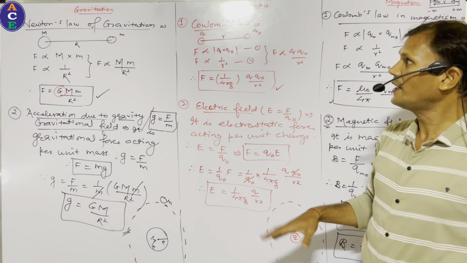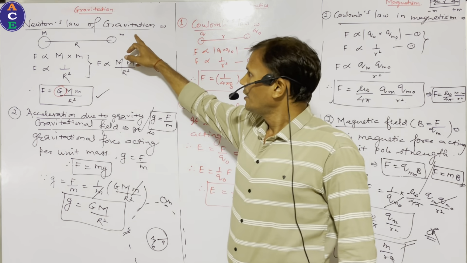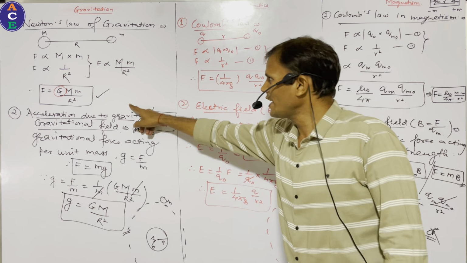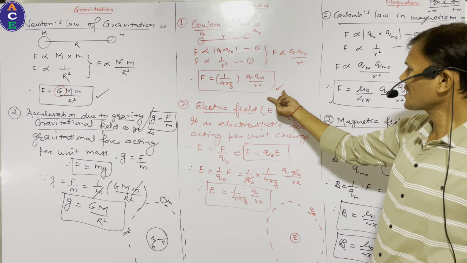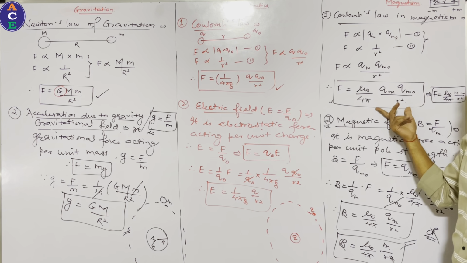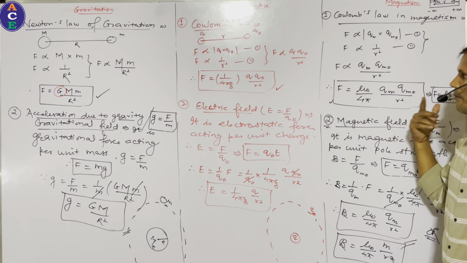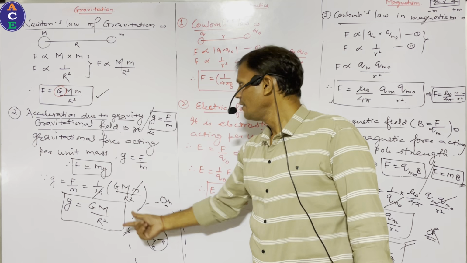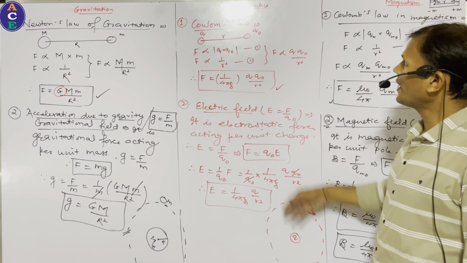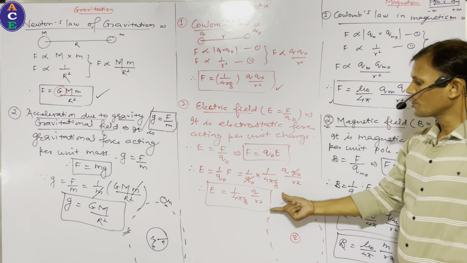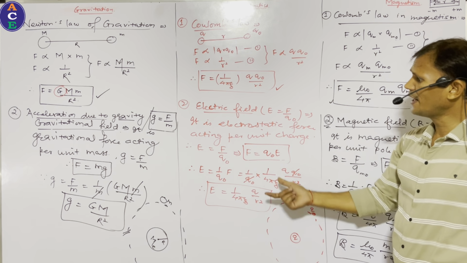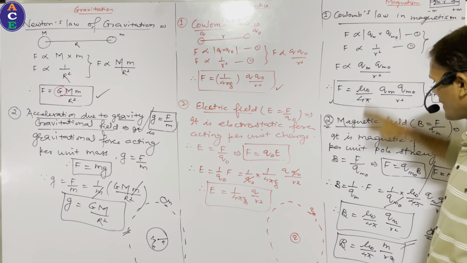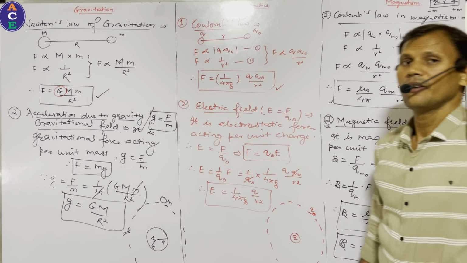What I have compared? I have compared force. This is the gravitational force. This is electrostatic force, and this is which force? Magnetic force. And here gravitational field, that is acceleration due to gravity. Electrostatic, in terms of electrostatics we have electric field, and in terms of magnetism we have magnetic field.